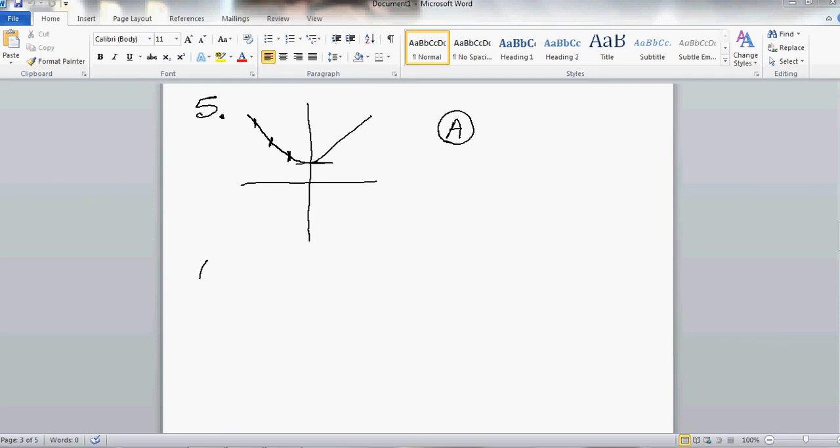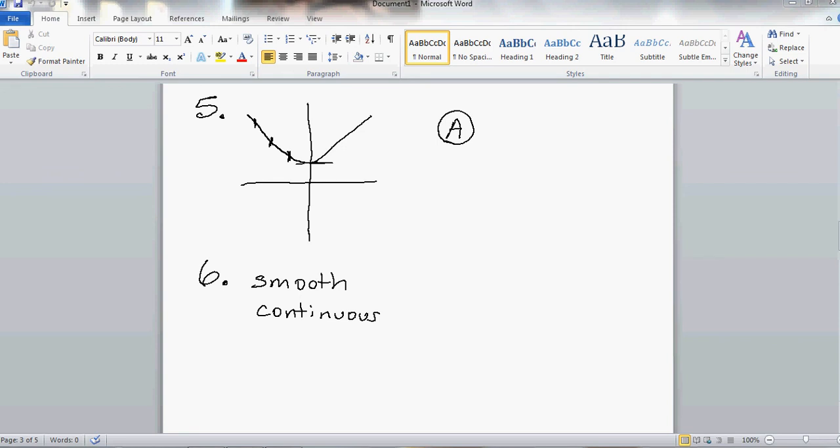Now, for question 6, we are asked to find any values of x where f prime is not defined. One of the last questions on the first section was how do we know that f prime exists or is defined. That means it is smooth and continuous. So if we look at number 6, is there any place where it doesn't appear to be continuous? Well, it looks like it goes on forever.